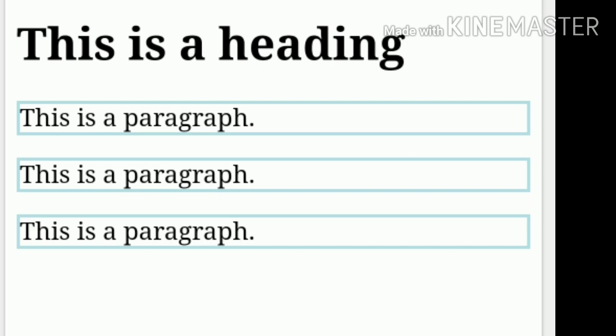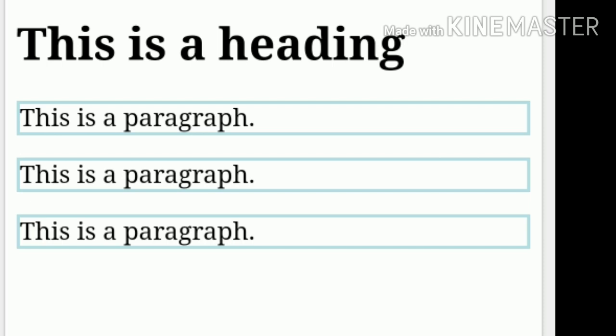This is how the program works. I am using only paragraphs. After the style, opening the p paragraph, opening the curly braces, border colon 2px solid powderblue, with a semicolon. After that there are no borders.